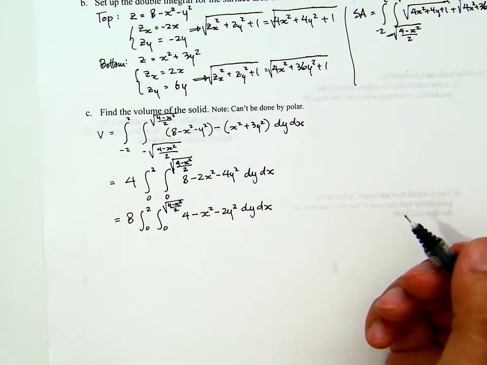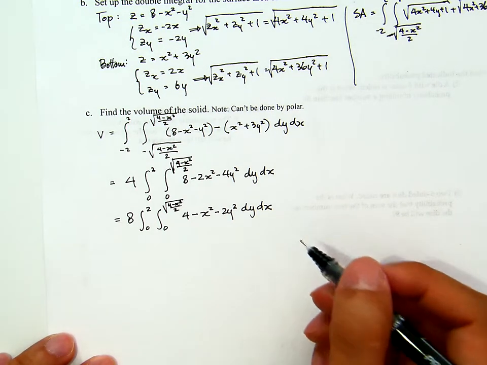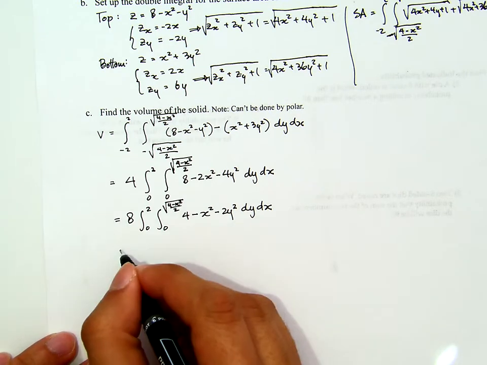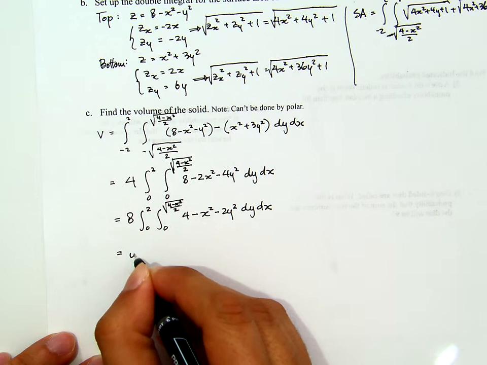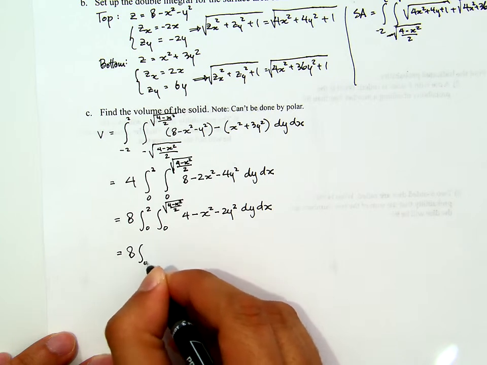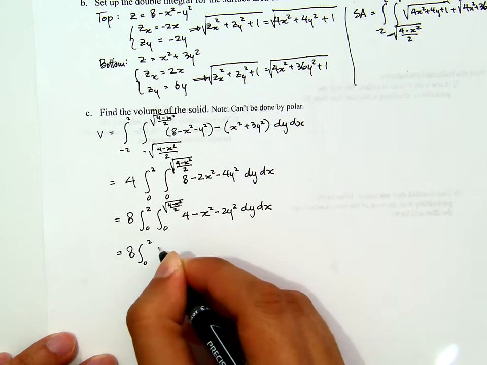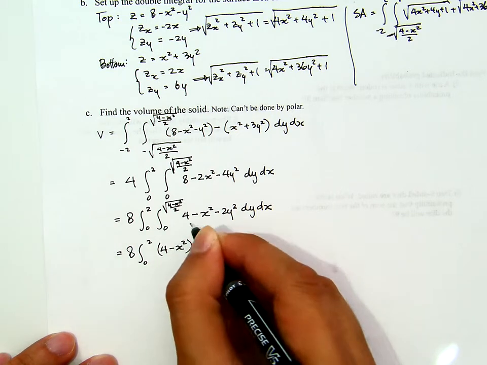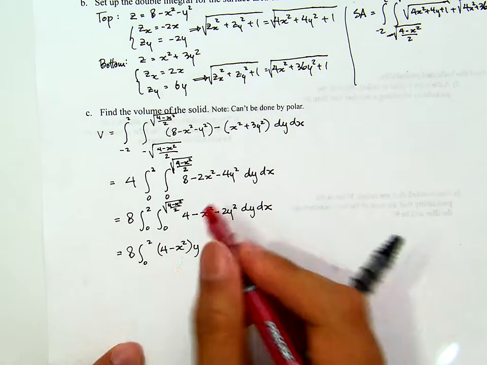Now let's see what I will do next. I will integrate with respect to y, integral from 0 to 2, and then this will be (4 minus x squared) y, because you can consider this as constant, right?